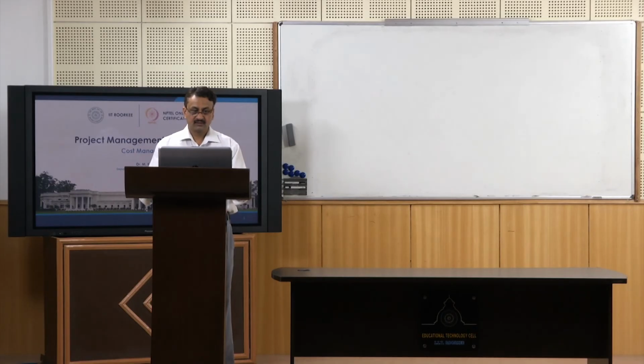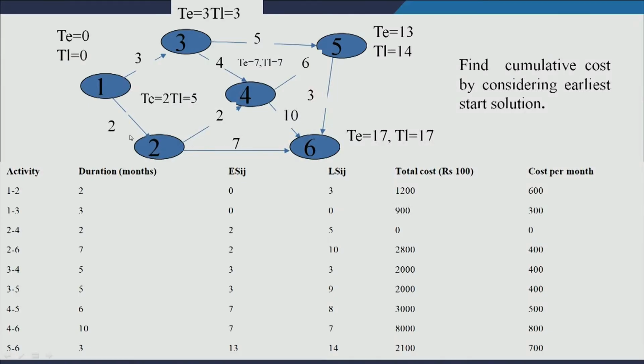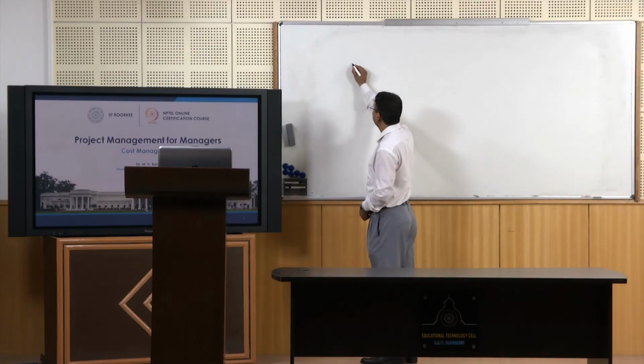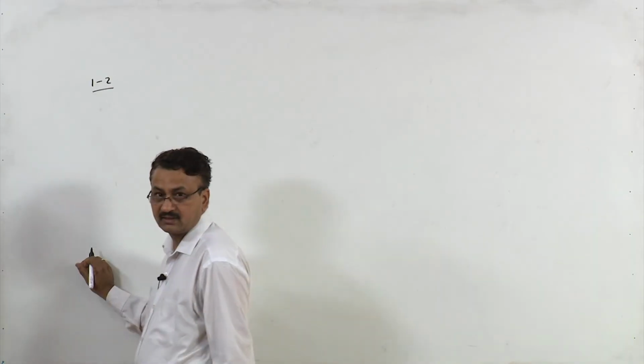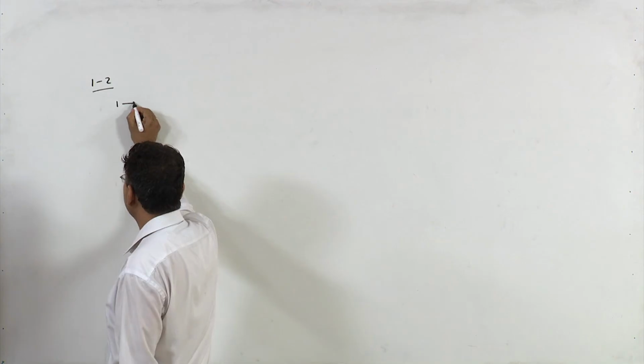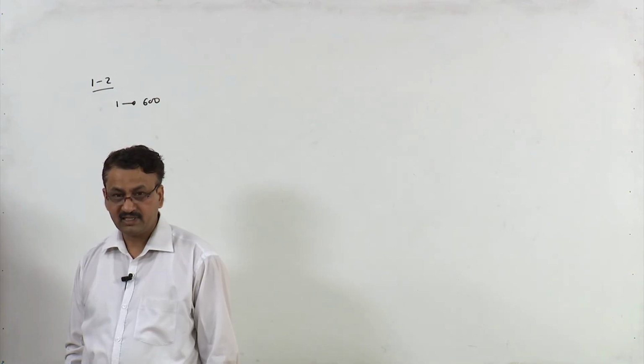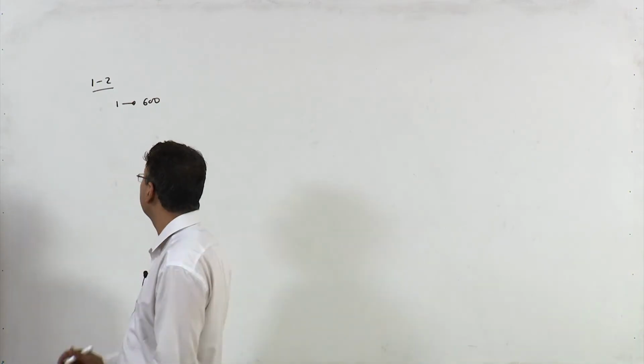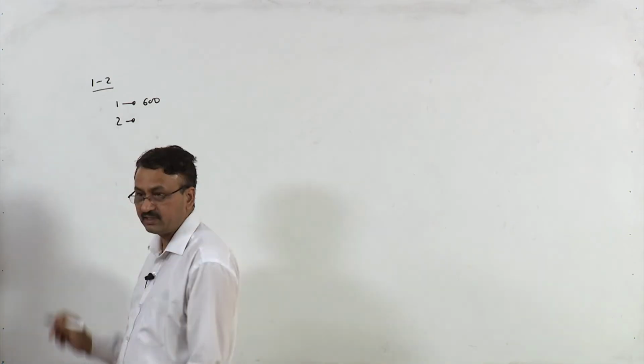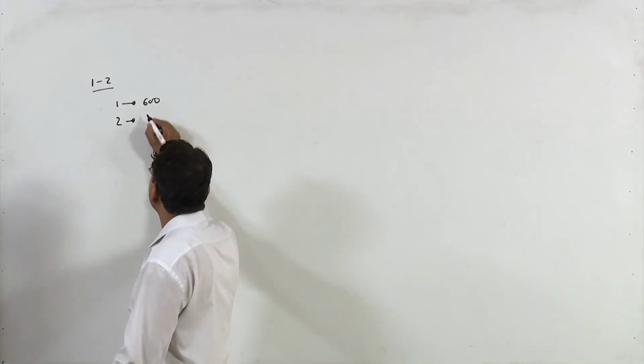For activity 1 2, its duration is 2 months. So, in the first month what is the expenditure? 600. Similarly, in the second month, what is the expenditure for activity 1 2? Also 600.